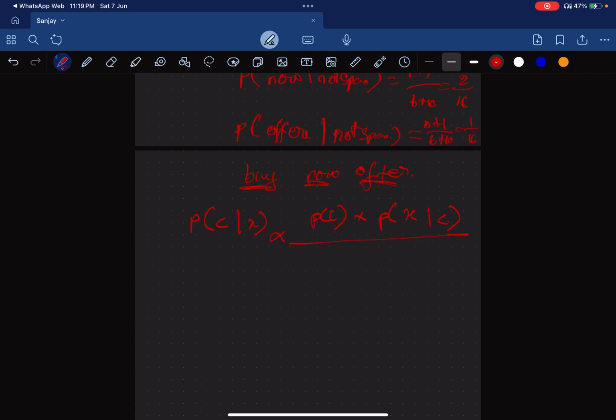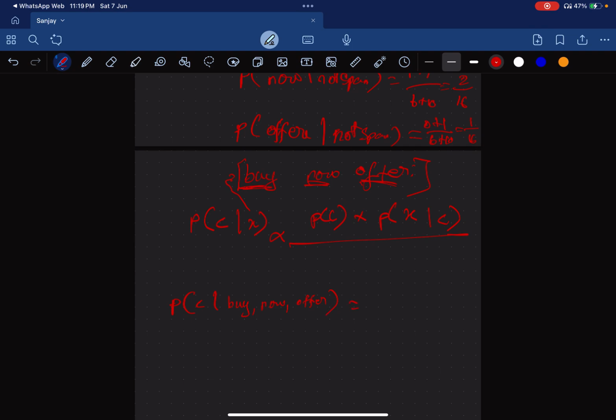So this equation will be written with C and X, where X are considered as features, these are the discrete features. So we simply write buy, comma, now, comma, offer.